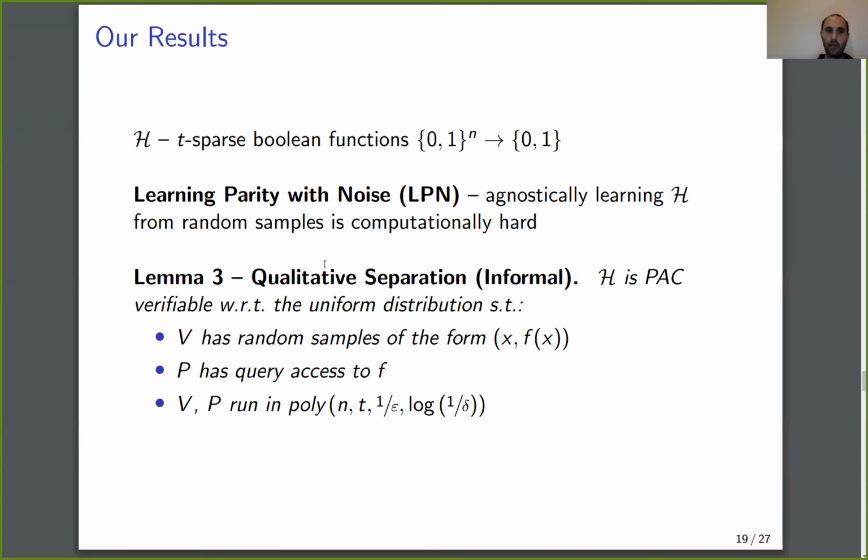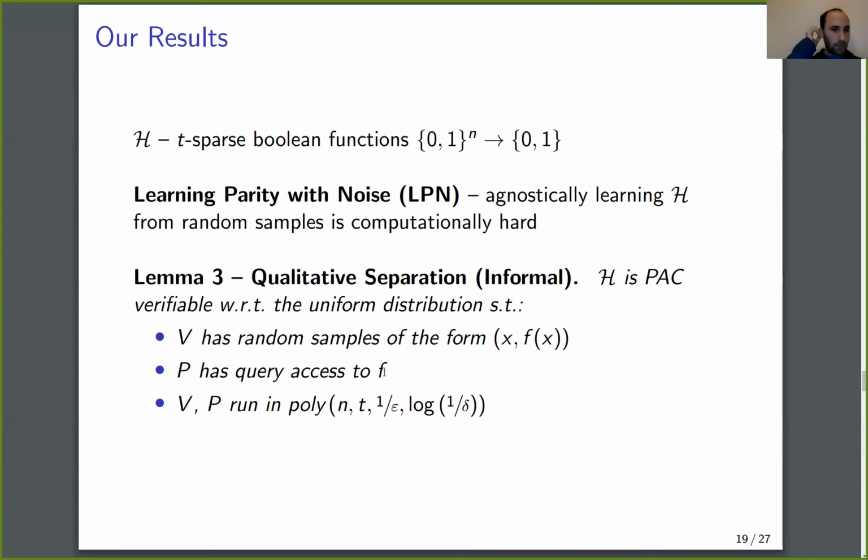So the verifier V uses only random samples from the distribution. The prover has query access to the labeling function. So if the distribution is a distribution over samples of x and f of x, then the prover can just query that labeling function f on any x that it chooses.